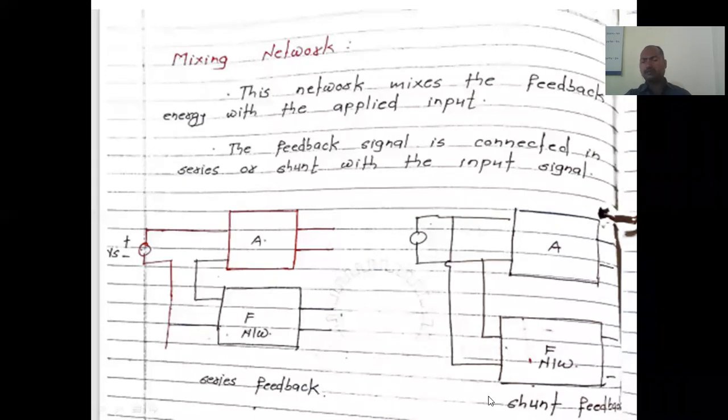Parallel indicates that this part is connected to this network in parallel. So in case of series feedback network, whatever the output sample, that should be sent to the input in a series. In case of shunt network, whatever the output sample, that output is applied to the input in parallel. That is the only change with respect to us.